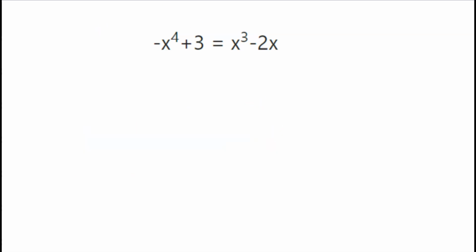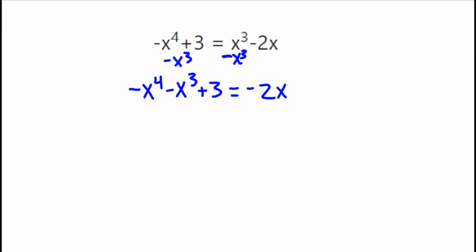So, first thing I have to do is move all my variables to one side. I'm going to choose to move them over to the left. So I'm going to subtract x to the third, and I get negative x to the fourth minus x to the third plus 3 equals negative 2x. And then I'm going to add 2x to both sides.